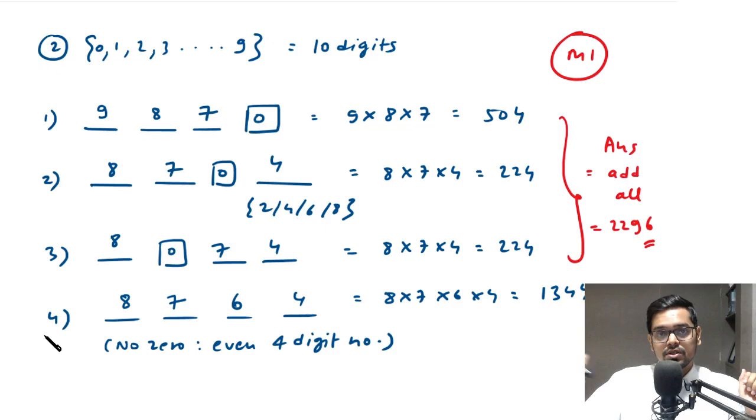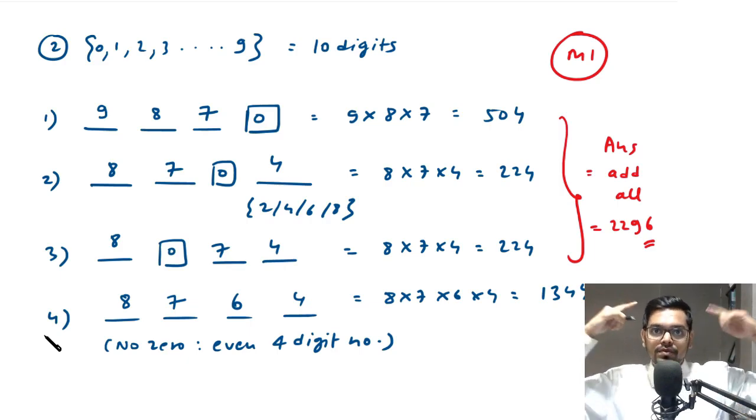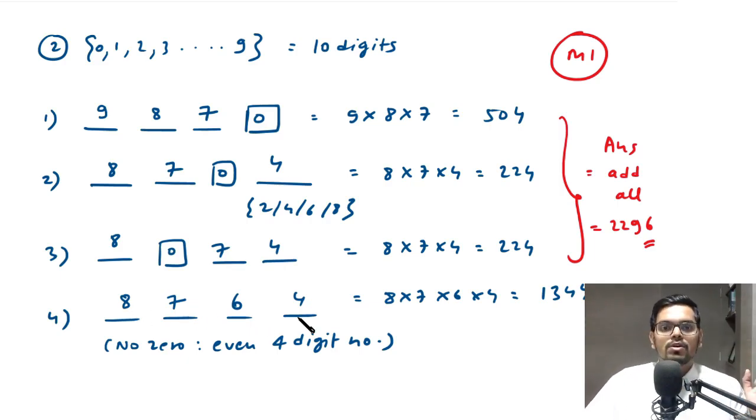Coming to the final case, which is a very good example, where 0 is gone. So out of 10, you have 9 digits left. A lot of students think 9 into 8 into 7 into 6 would be the answer. Wrong. You need an even 4-digit number. Therefore, the last blank should be filled first. For the last, we have 2, 4, 6, 8, 4 possibilities. So 4. Once it's done, now you have to start from left to right.